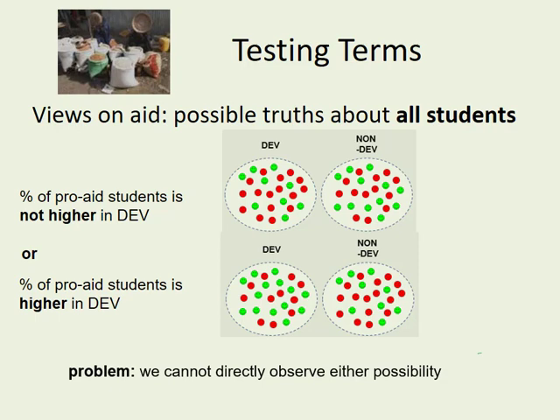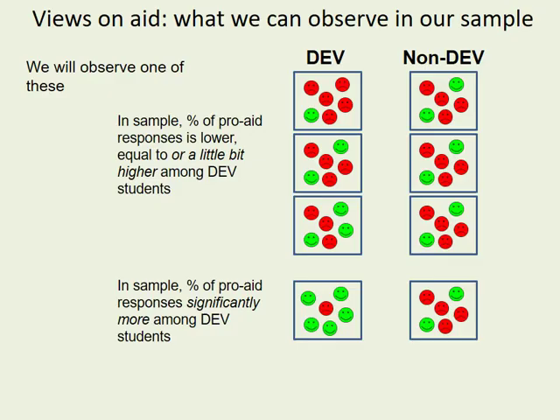Well, we can only take a sample, and the next slide has got some possibilities for what we're going to get in our samples. We're going to observe one of these, and the samples I put in square boxes, and here they're meant to be 84 altogether, aren't they? So it might be 48 here and 42 here, but we don't know exactly how many.